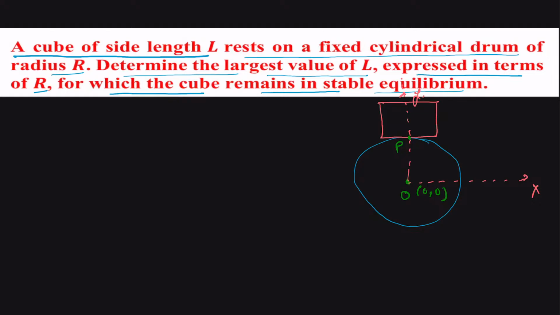And with respect to this x-axis we are going to measure the angle theta. First of all, let us consider that we have a cylinder and its center is considered as origin.